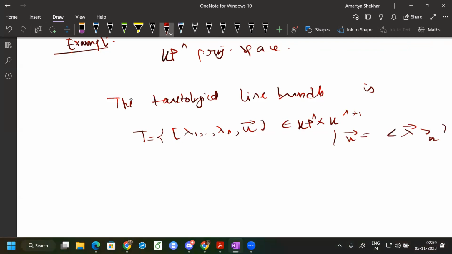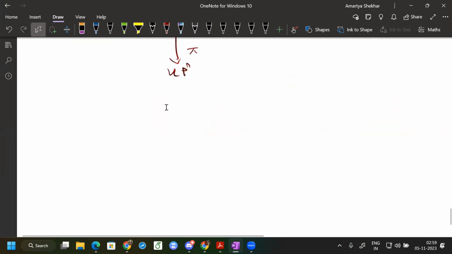Span. Cool. So that gives us our topological line model KP^n.